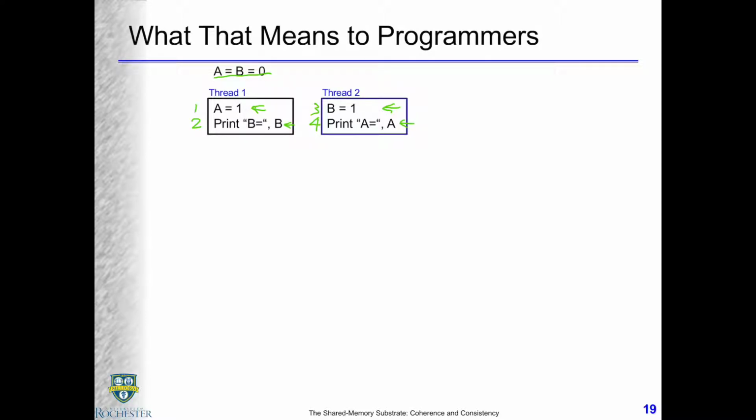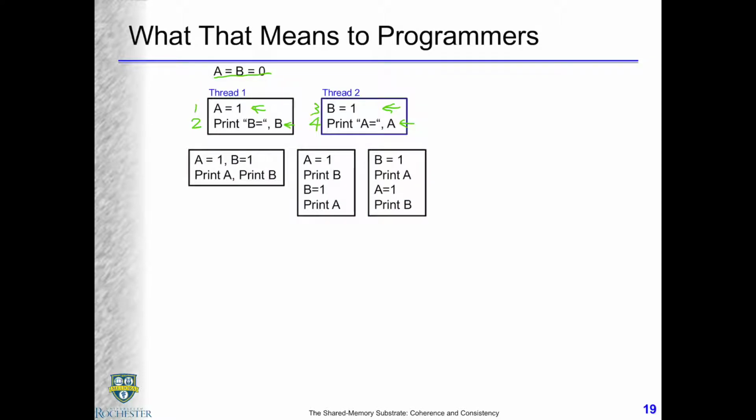But 1 can happen before 3, after 3, before 3, after 3 and before 4, and so on and so forth. So the interleaving we cannot control. So that really gives us these possibilities. Okay? 1, 3 or 3, 1 doesn't really matter. And then 2, 4 or 4, 2.